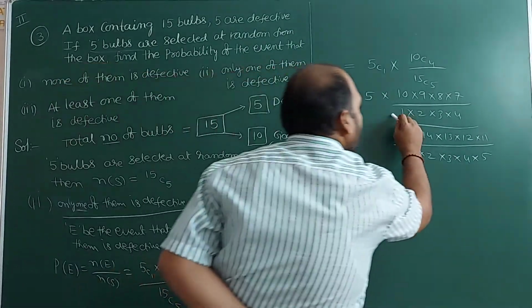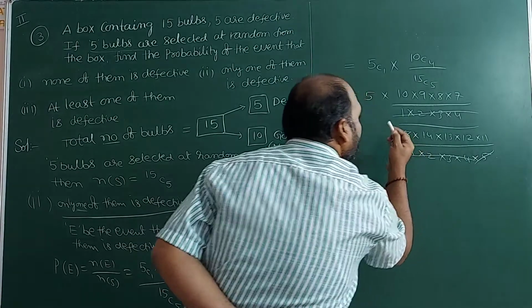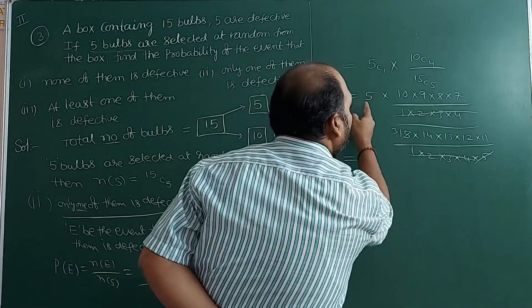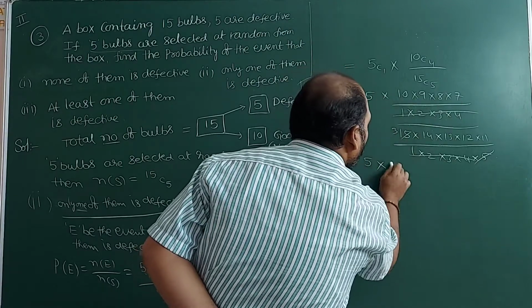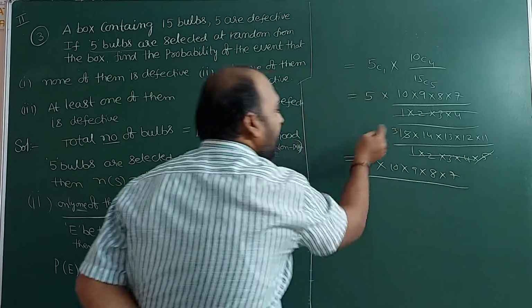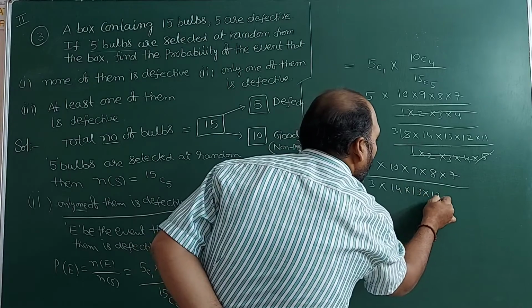So from this calculation these 4 will be cancelled. So 5 ones are 5, 5 threes are 15. So in the numerator 5 into the terms I am writing 10 into 9 into 8 into 7 whole divided by 3 into 14 into 13 into 12 into 11.